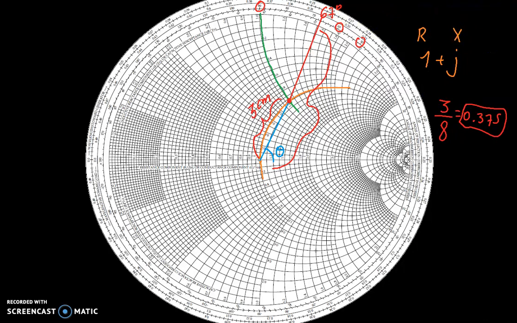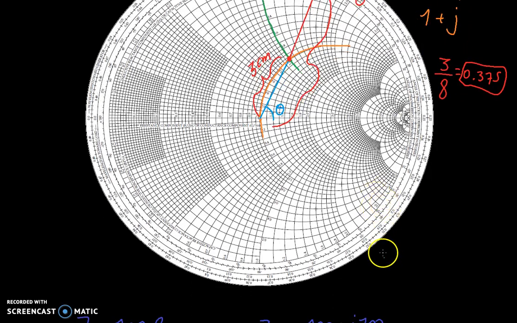So we have found the reflection coefficient very easily like that, which is 0.375 with an angle of 67 degrees.